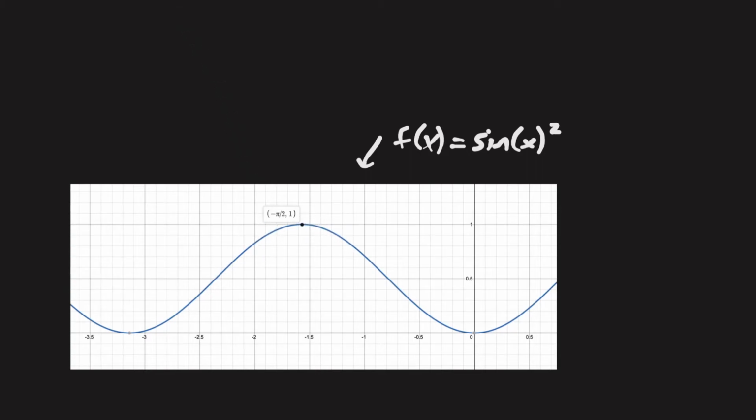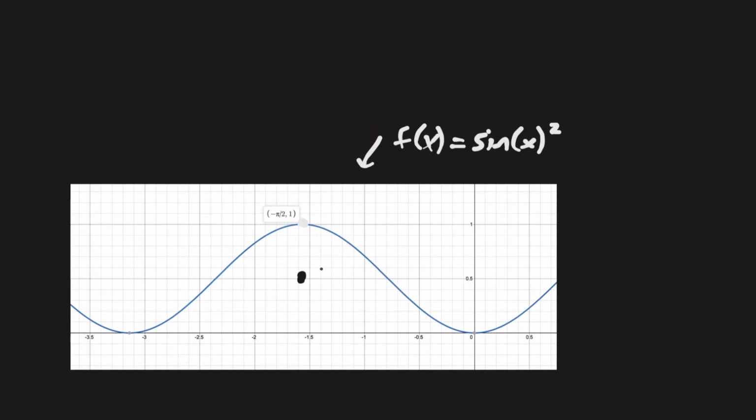So let's say that we had a removable discontinuity at this point, at negative pi over 2, and let's say that the actual function value is at 0.5 right here. So at negative pi over 2, the actual function value exists at 0.5. So we have this removable discontinuity at that point.